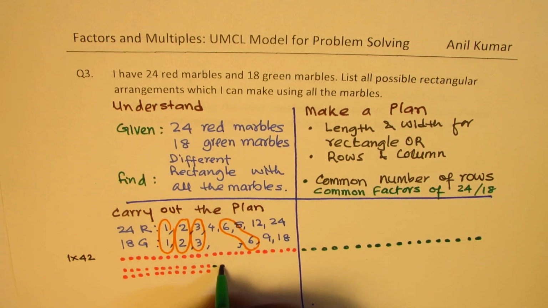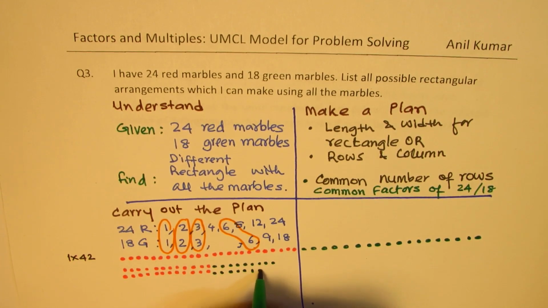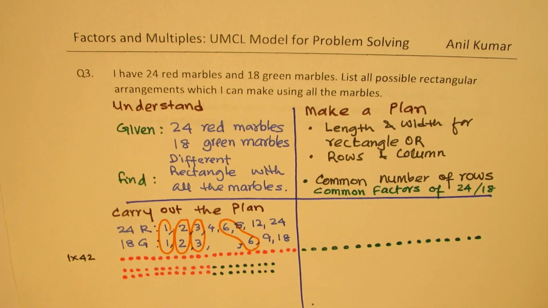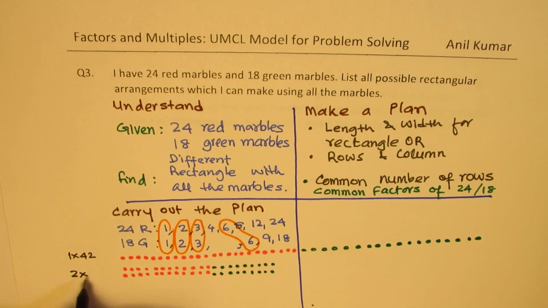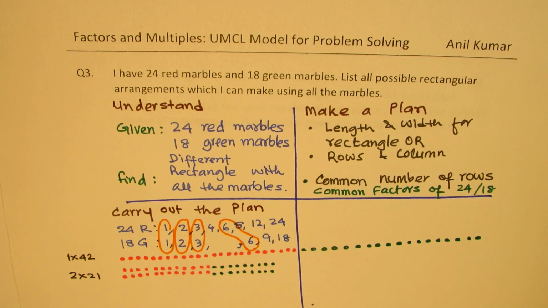So we'll have 9 in each row, and we'll just repeat this, correct? So that way, now we have 2 rows, right? And we have this as 21. So width is 2, so we have 2 times 21. Does it make sense, right? Which is 9 plus 12, half of each.